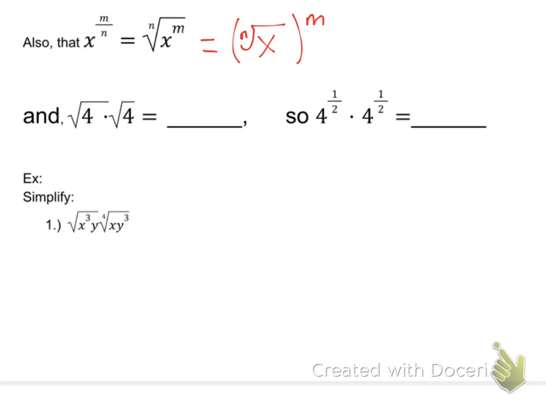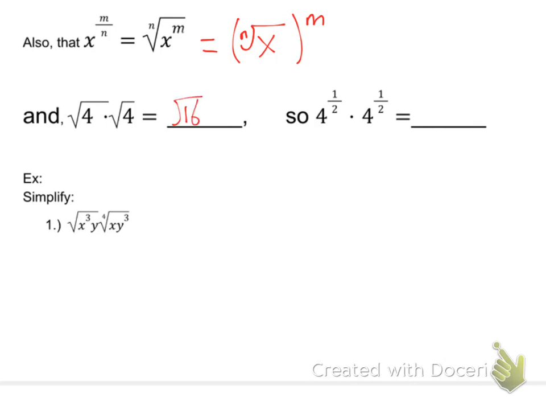So also don't forget that if I have the square root of 4 times the square root of 4 again, what do you get? What's the square root of 4 times the square root of 4? Well, do you guys remember the property that if I take a square root times another square root, I can multiply the numbers inside? So isn't that just the square root of 16?